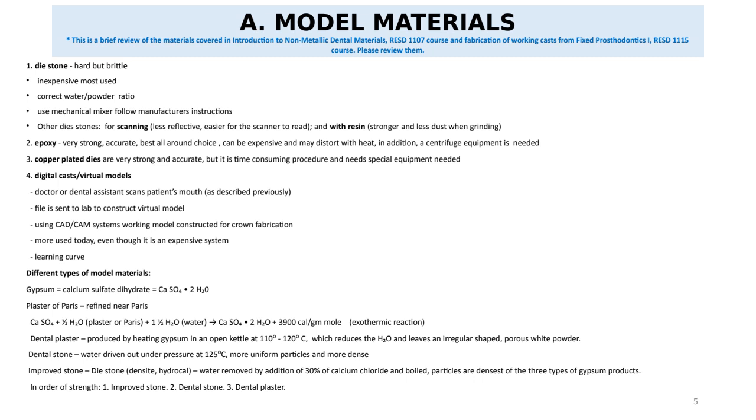So following the manufacturer instructions is the best advice. We can use a mechanical mixer to follow the manufacturer instructions. If you remember, in the labs we have the vacuum mixer. Especially for the dye stone, it's important to use the vacuum mixer. Again, look at the manufacturer instructions because they tell you how long you should keep it in the vacuum mixer and also the pressure. Okay, so why is that important?